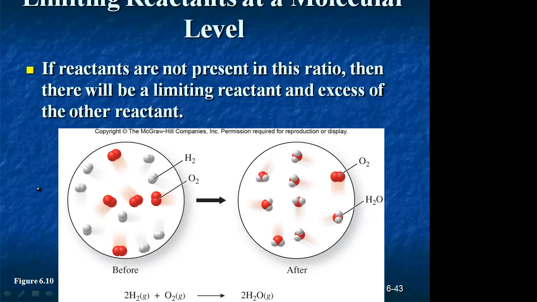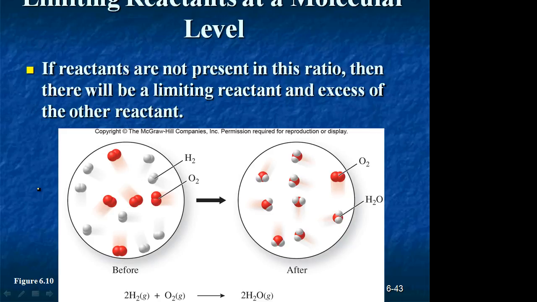Okay. Now let's think through it. The balanced equation tells us 2H2 combines with 1 molecule of oxygen, forming 2 molecules of water, right? So the ratio is that for every molecule of oxygen reacting, you need 2 molecules of hydrogen. That is what the balanced equation tells us.